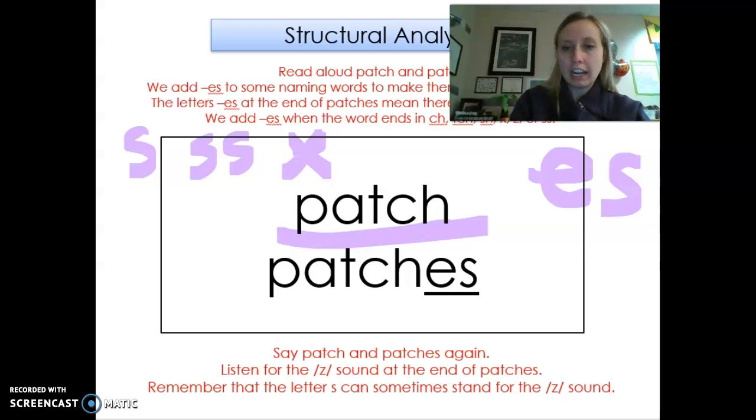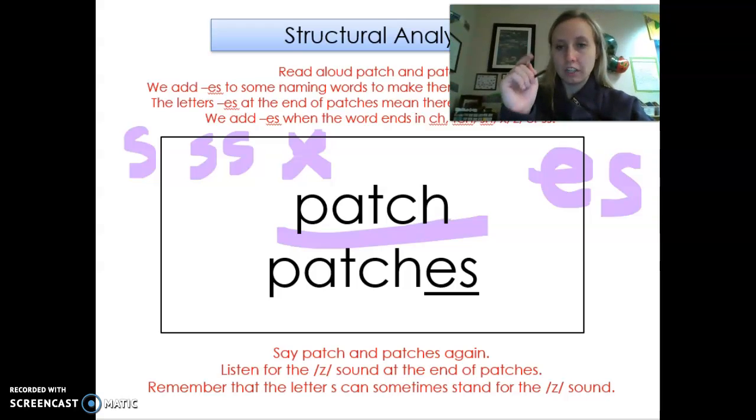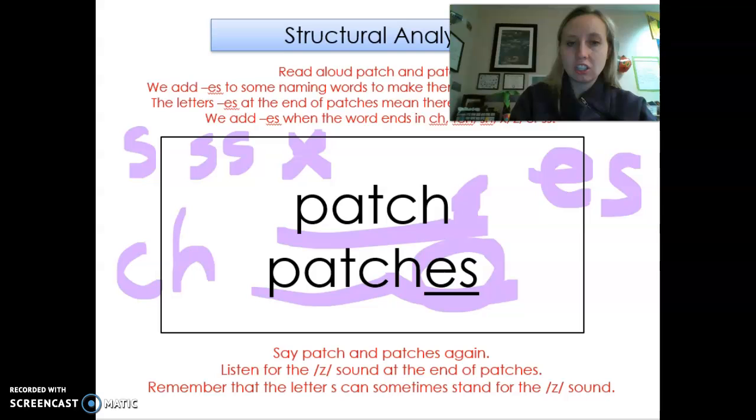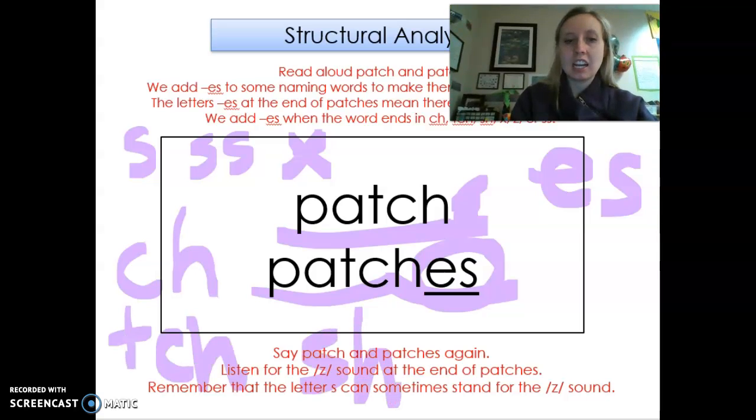Now let's try adding just an S for more than one. Patch, patches, patches. Does that make sense? No. So we have to go patches. So ES. When we have a CH, a TCH, or an SH, we have to add the ES.